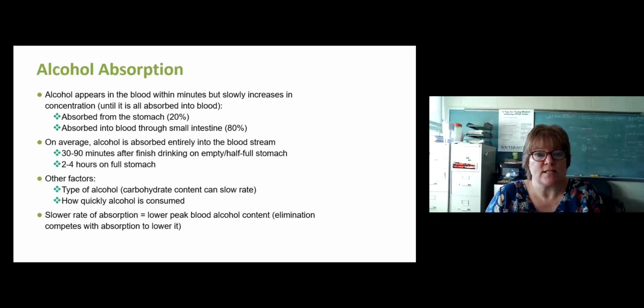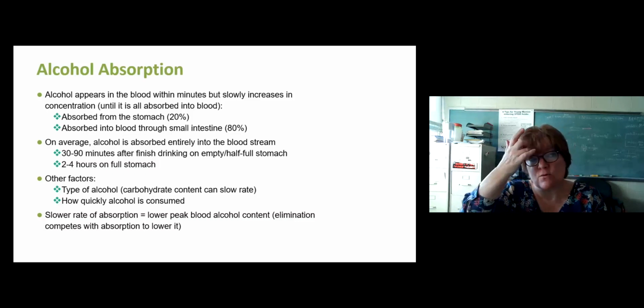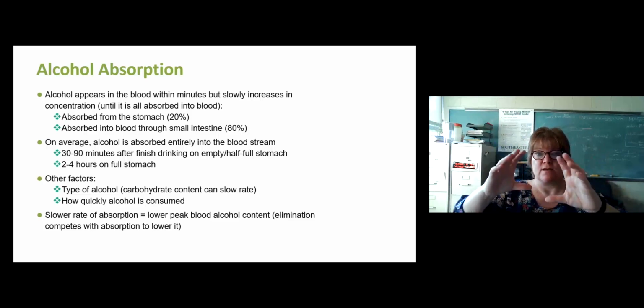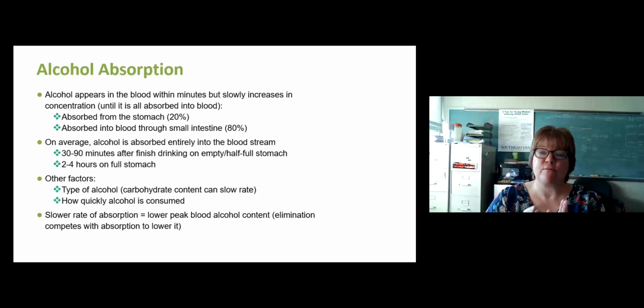We normally ingest this as a food, and depending on what else is in the stomach, and whether we're eating it with other foods, it gets absorbed into the blood through the small intestine. So it goes from our stomach into the small intestine, and from there it crosses over from the intestinal tract into the bloodstream.